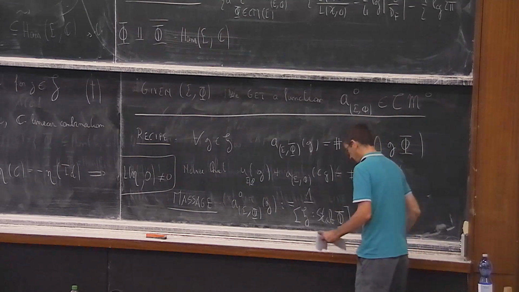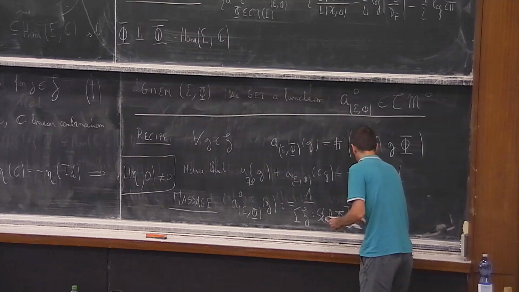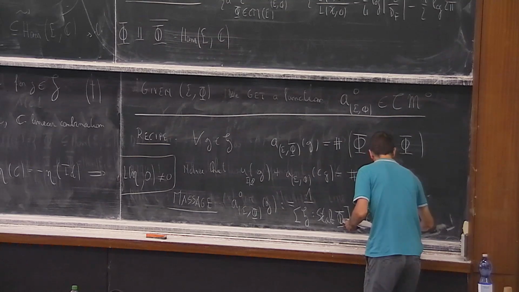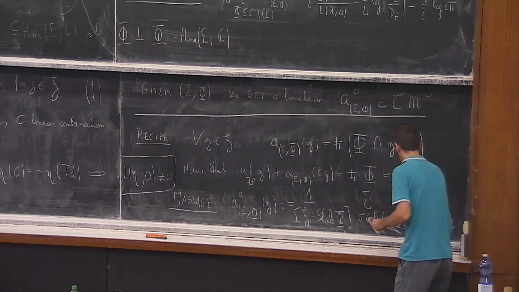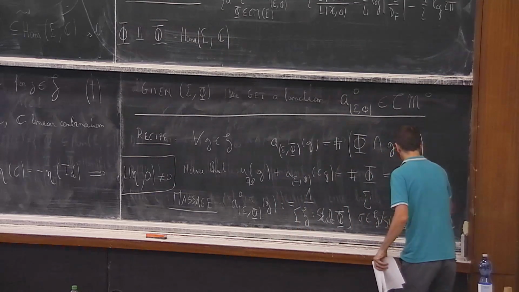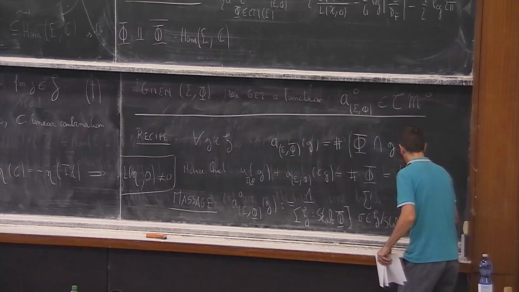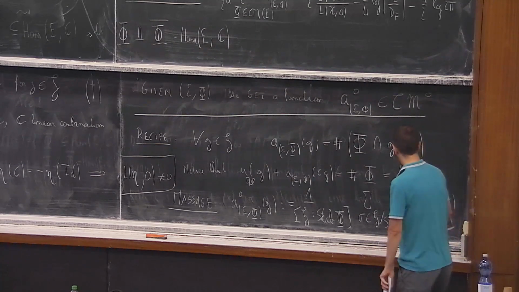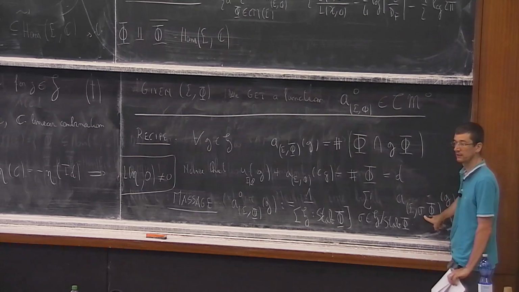And then I sum up over all sigma in this quotient set of the function that I've just defined, but I make sure to translate the CM type.